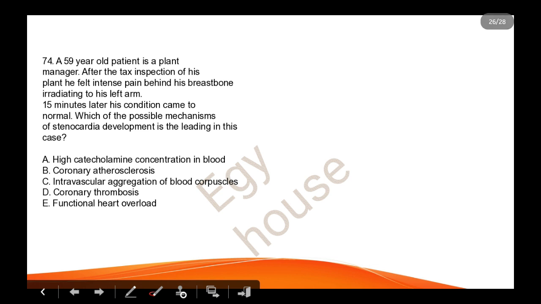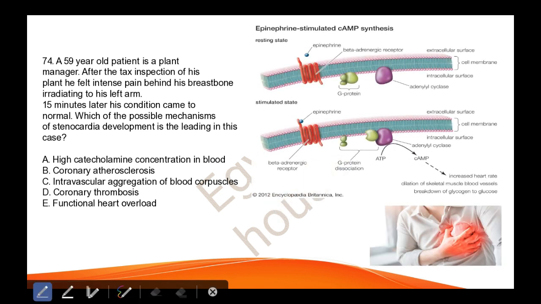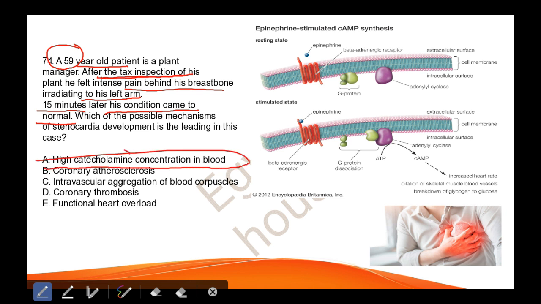Next question. In this question, we have a 59-year-old patient who, after a tax inspection, felt intense pain in his breastbone, and it was even irradiating to his left arm. But after 15 minutes, his condition came back to normal. So the high catecholamine concentration in blood is responsible for the stenocardia.